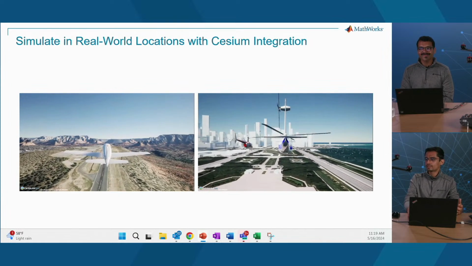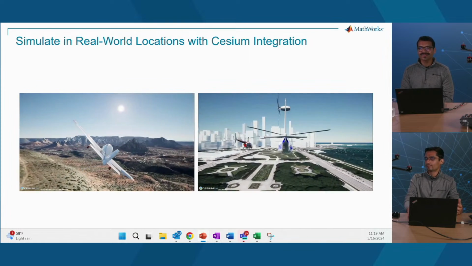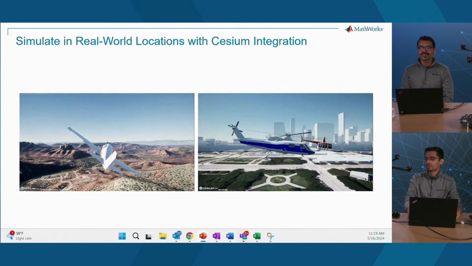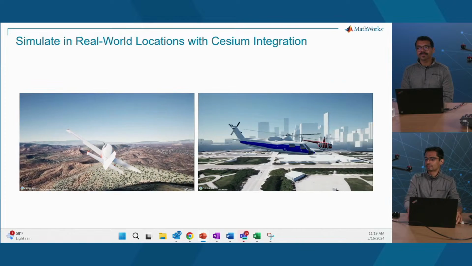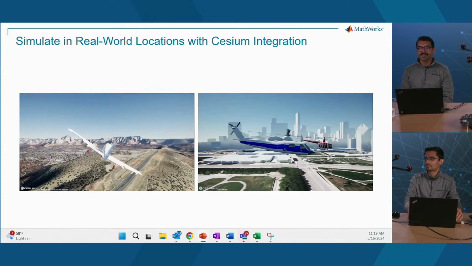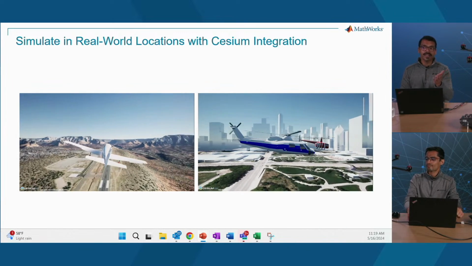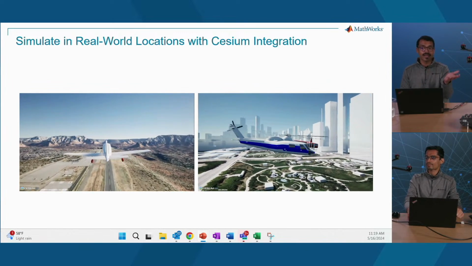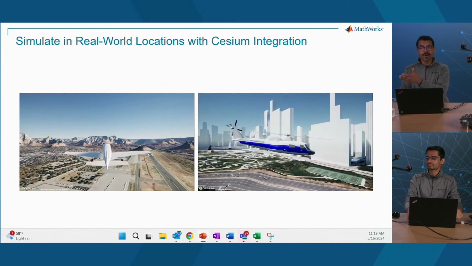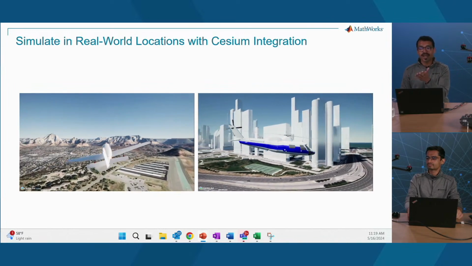Here are some scenes that we have built using real-world locations, for which we integrate with the Cesium platform. You can see some cool visuals here with different types of aircraft, even multiple helicopters in a scene. So if you're testing out your flight or landing in a rural terrain, or you want to test out a city scene where you have multiple assets.